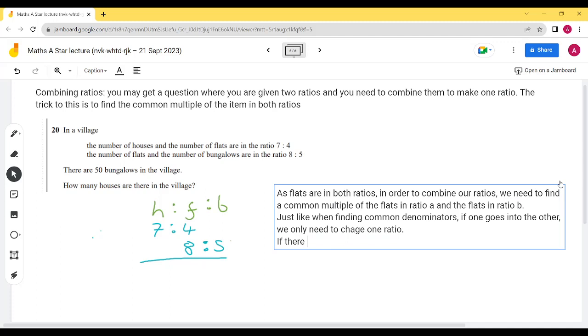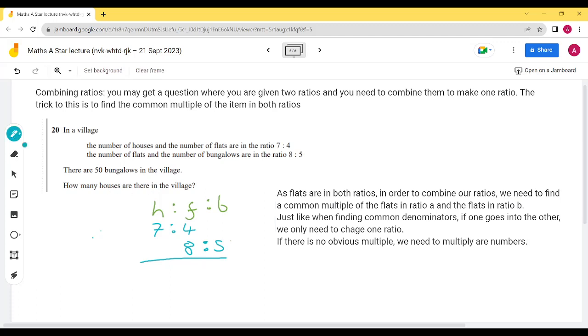If there is no obvious multiple, we need to multiply our numbers. It's a little bit hard to explain, but it's just like when you are dealing with fractions and you want to find a common denominator when you're adding or subtracting.